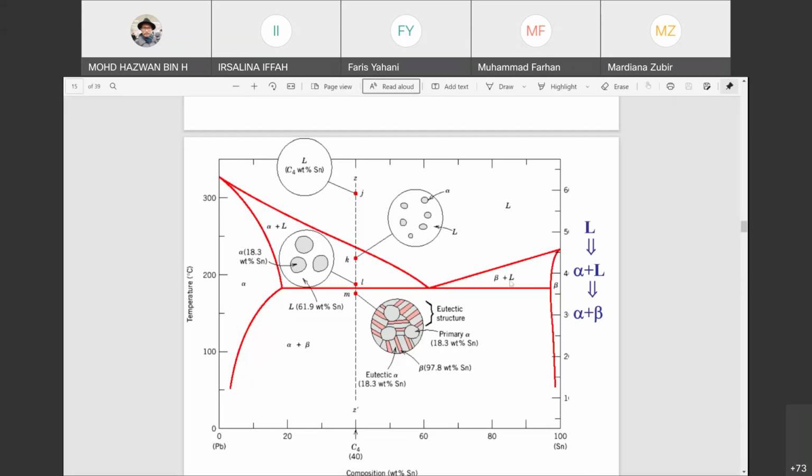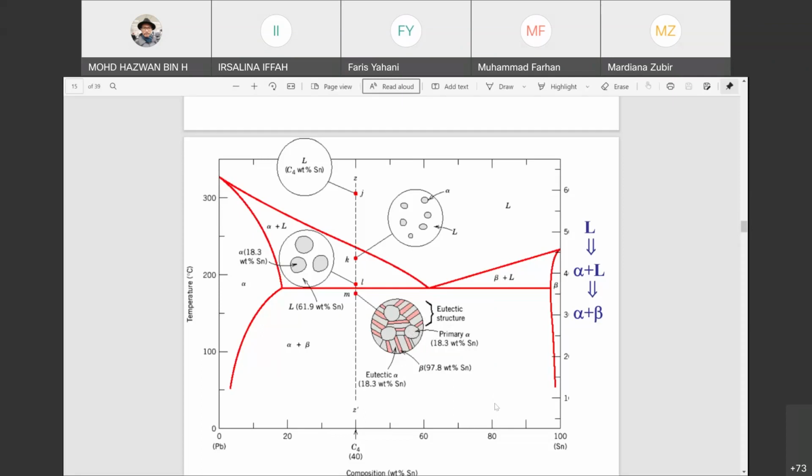So for the solid that forms at alpha plus beta in this region, it will show a eutectic or lamellar structure, but it will be primary beta, no longer primary alpha.